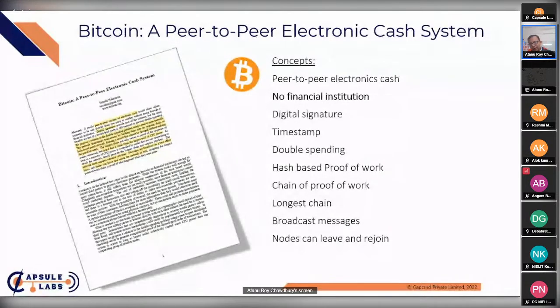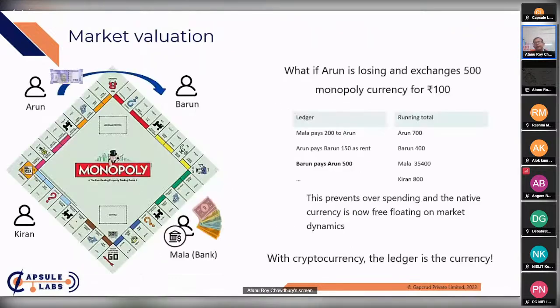So in creating Bitcoin, inadvertently what got created was this technology called blockchain, right? Which is making certain guarantees, right? How is it making those guarantees, right? Let's move ahead a little bit, right?